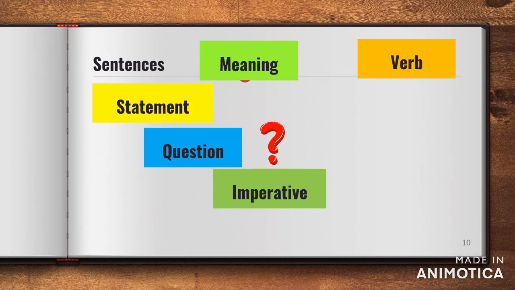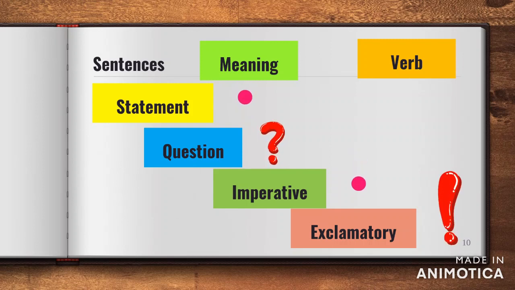Imperative sentences begin with a capital letter and end with a full stop. The sentences which express our strong feelings or emotions are known as exclamatory sentences. They begin with a capital letter and end with an exclamation mark.